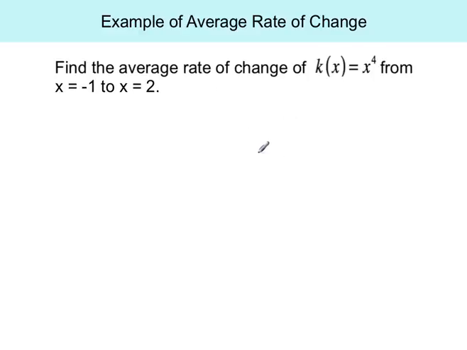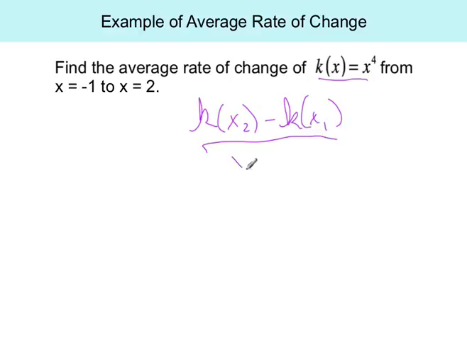We're going to find the average rate of change of k of x, our function here, from x equals negative 1 to x equals 2. So we're going to go with our formula. Again, it's the change in y's over change in x's. So k of x2 minus k of x1 over x2 minus x1.